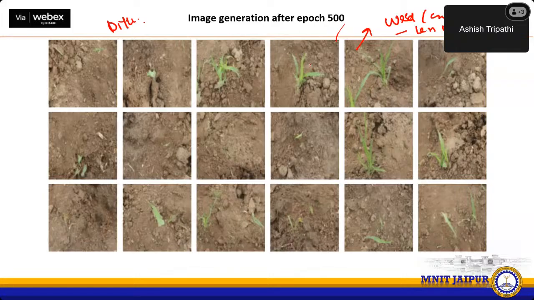What you can do is have your own diffusion model which can generate images like this. It might be possible that the original has 2 small plants here, and the model will generate 3 small plants here, because it mimics the probability distribution of the data. So we can use this diffusion model for image augmentation.